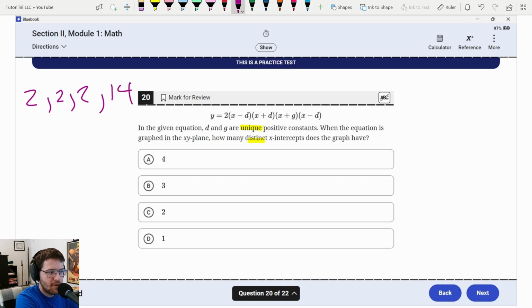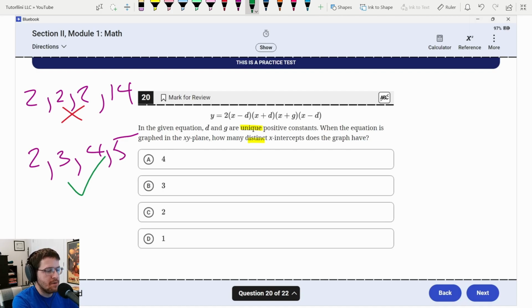Okay, those are not distinct or unique numbers because I have repeats. I have repeating 2s. But let's say I had 2, 3, 4, 5. Those are distinct or unique constants because none of them repeat. But hopefully that makes sense. I don't think it's super important to the question. Just don't let that confuse you.